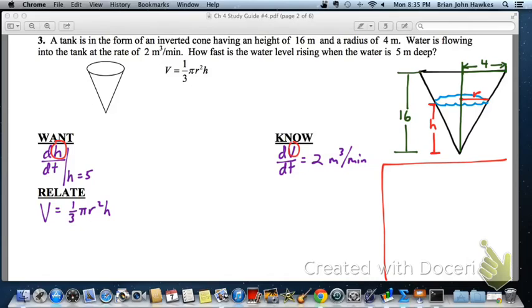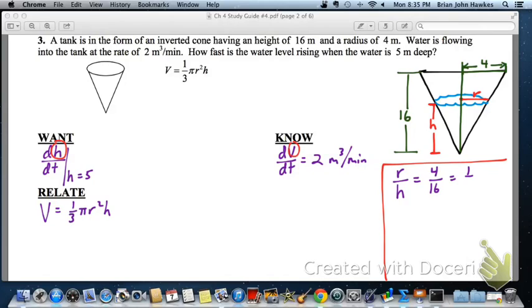And this is the part that relates back to geometry. So when you learned similar triangles in geometry, part of the reason why you learn that is because now you have to use it. Well, similar triangles, like I said, the ratio of the radius to the height of this cone is 4 meters to 16 meters.